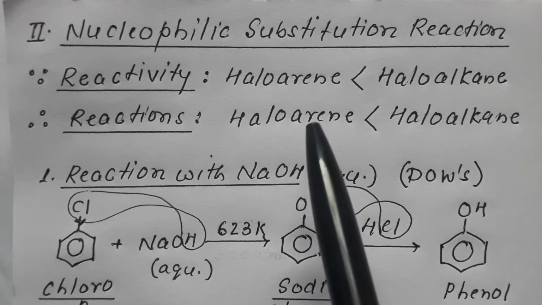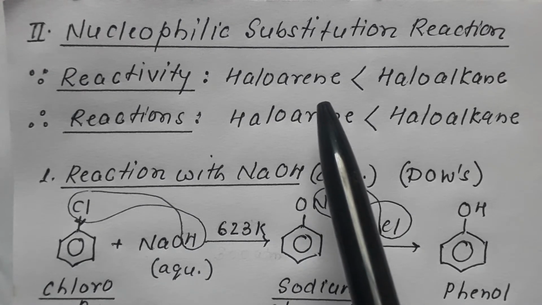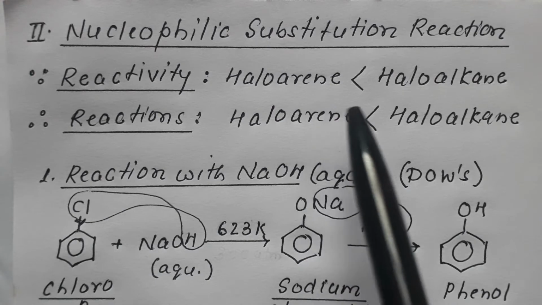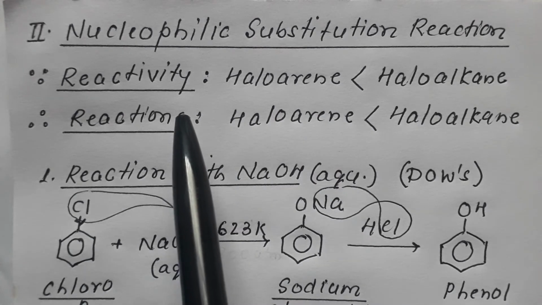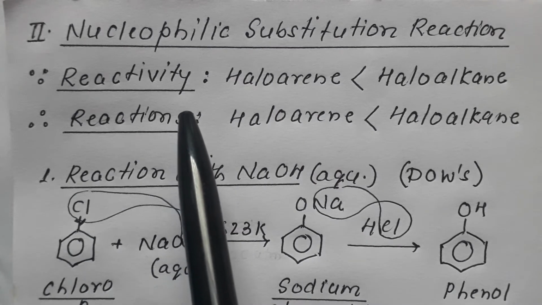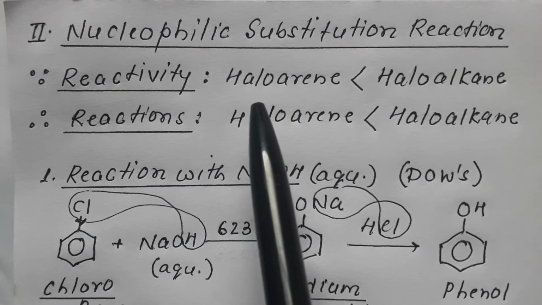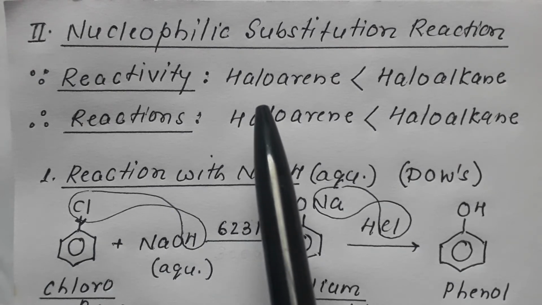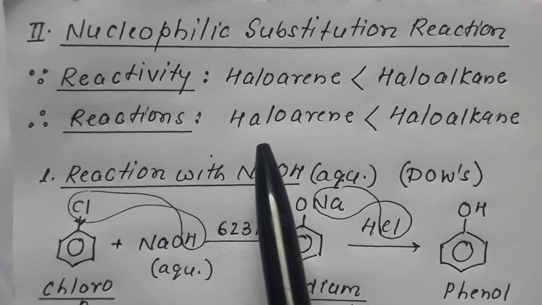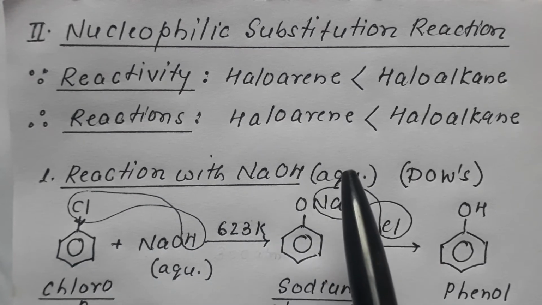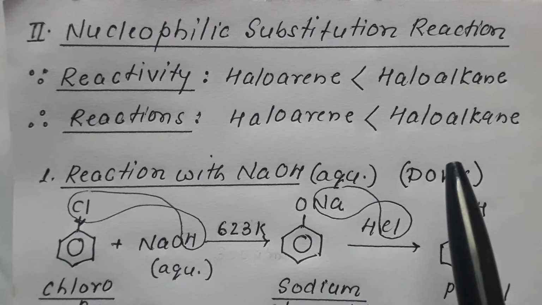So we have discussed that the reactivity of haloarene as compared to haloalkane is quite low. Now, when the reactivity of haloarene is comparatively low, then surely the number of reactions in haloarene is much less than that of haloalkane.